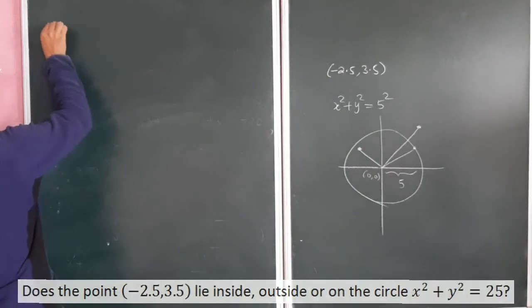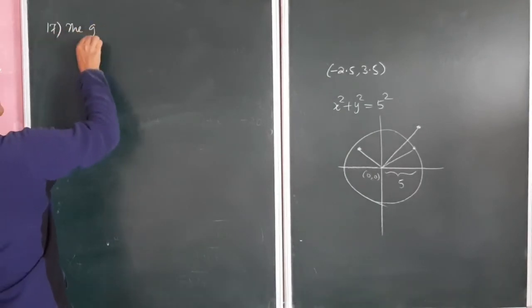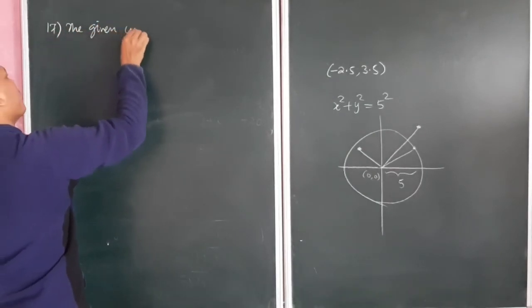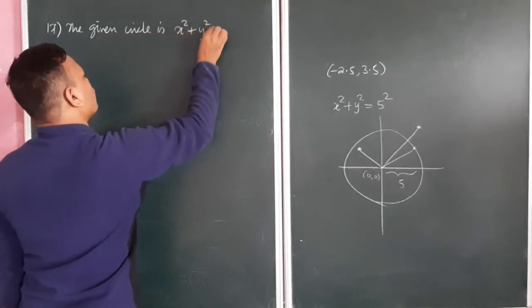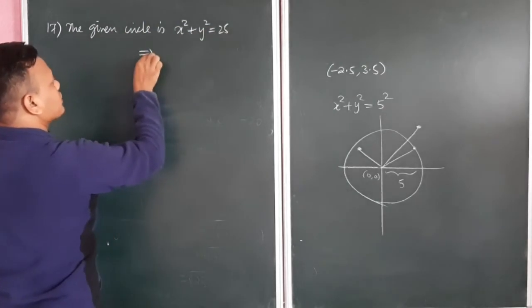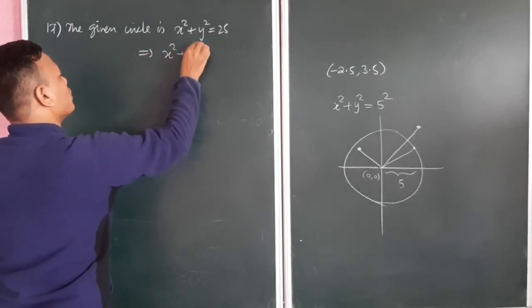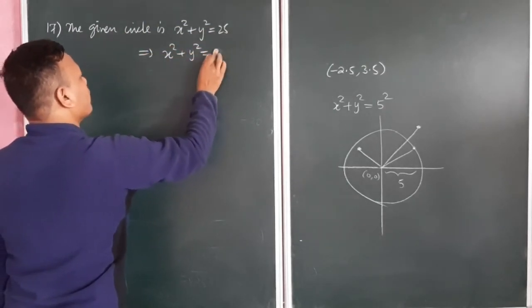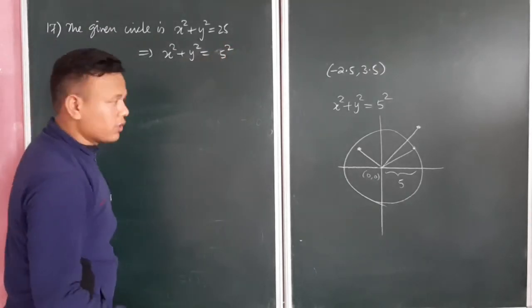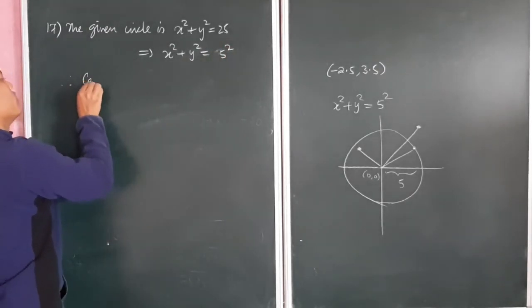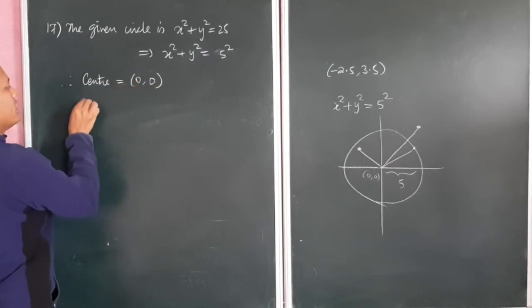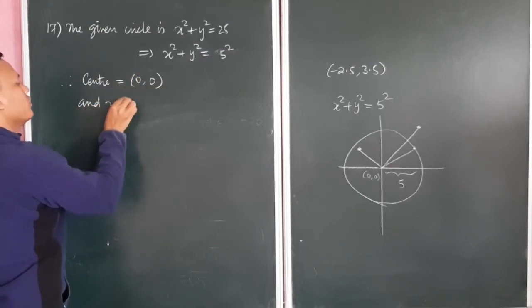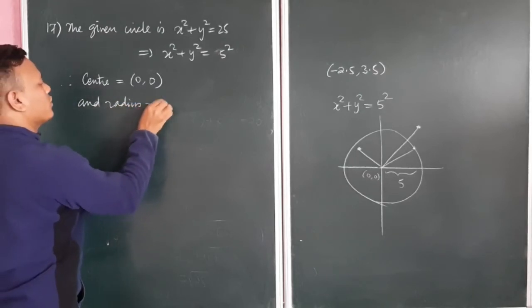So this is my question number 17. The given circle is x square plus y square equals to 25, which can be written as x square plus y square equals to 5 square. Therefore the center is 0, 0 and the radius is 5 units.